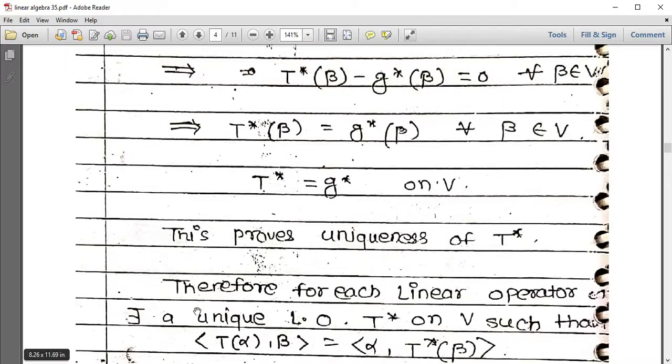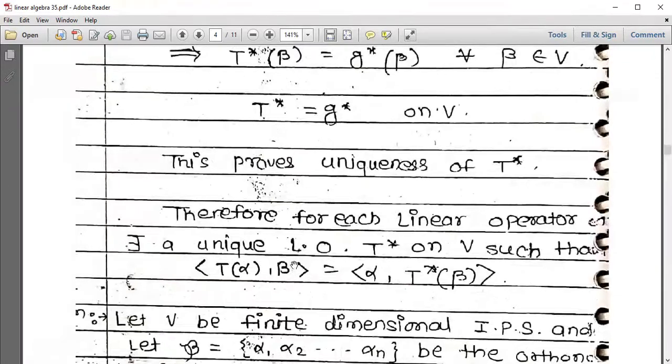So therefore, for each linear operator T on V, there exists a unique linear operator T star on V such that the inner product of T of alpha and beta is equal to the inner product of alpha and T star of beta. This is the proof of the theorem.